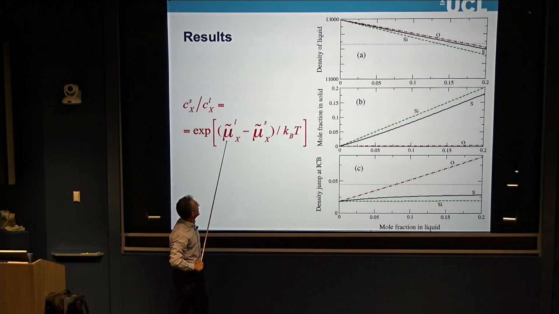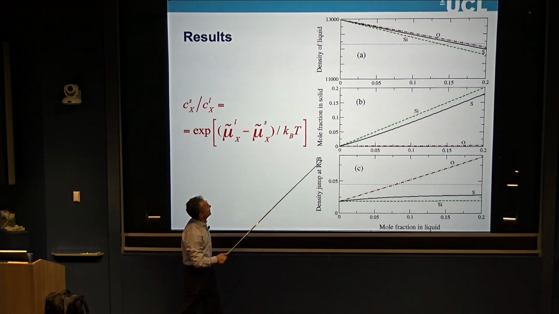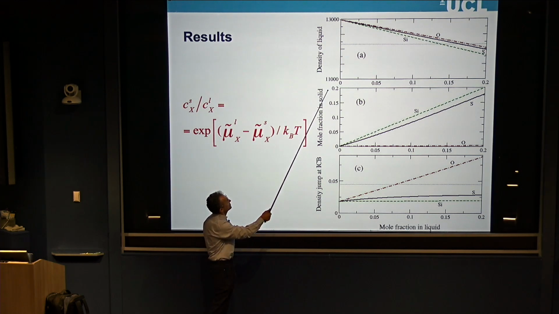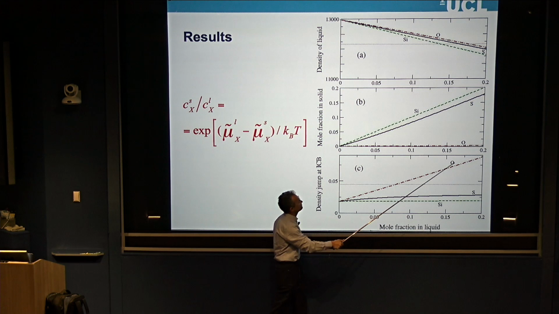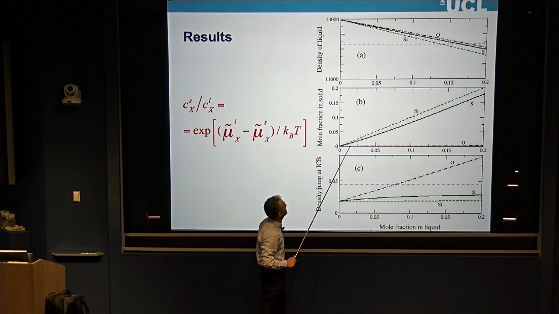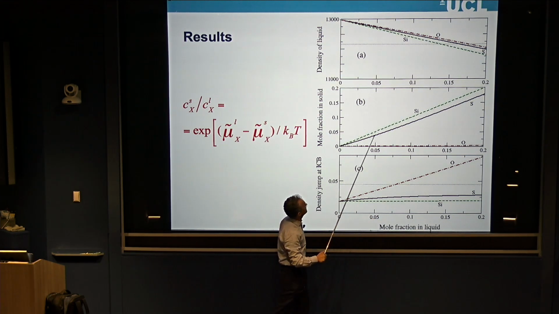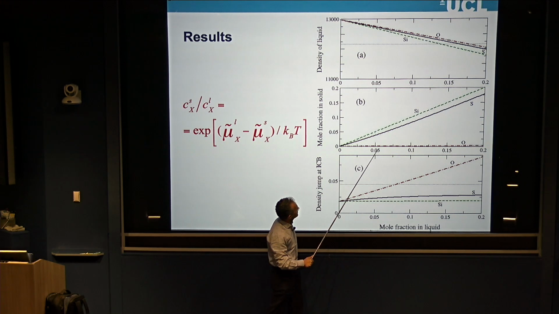Okay, so given the chemical potential that you calculate, you can look at the mole fraction in the solid as a function of the mole fraction in the liquid. And let's see what happens in the three cases. Well, for sulfur and silicon, you put this impurity in the liquid, and almost the same amount goes into the solid.